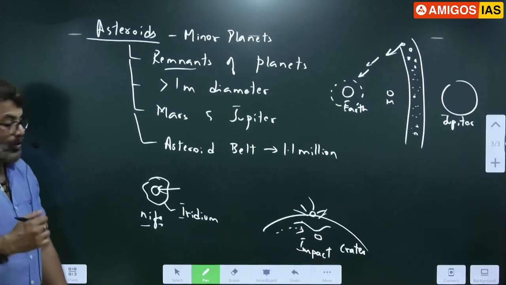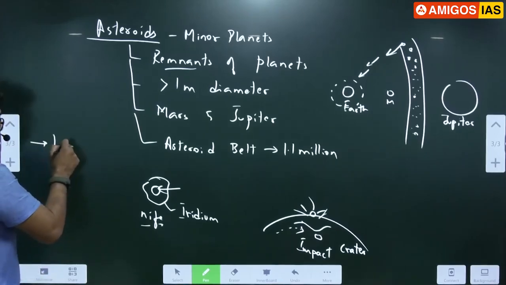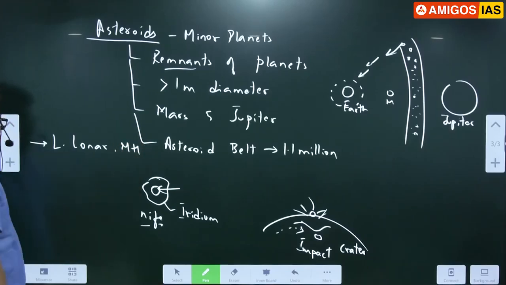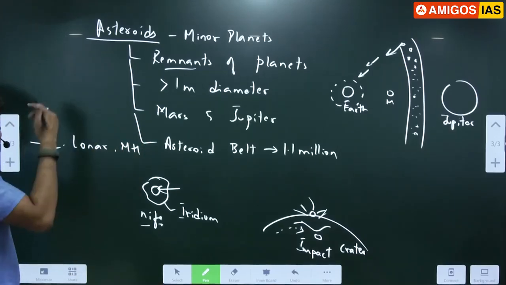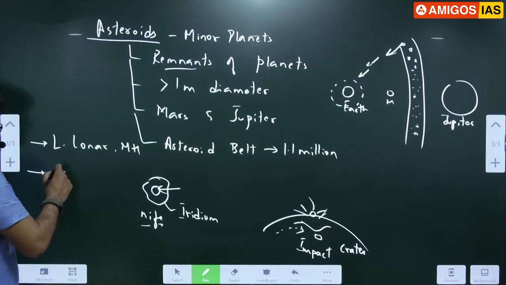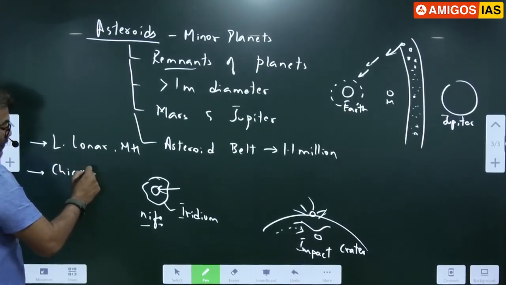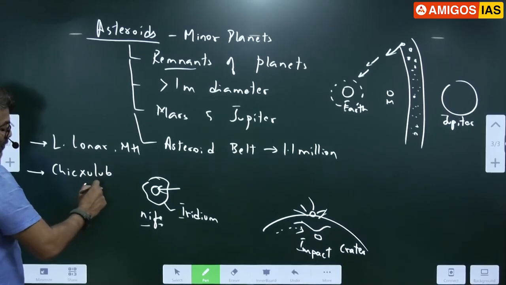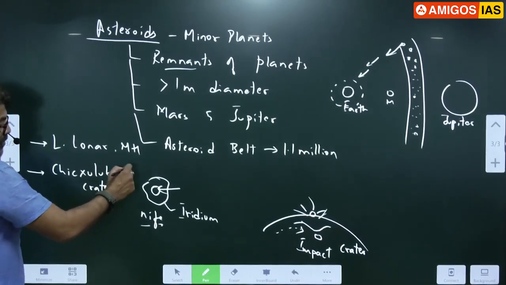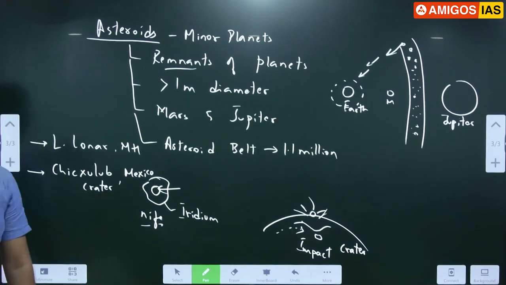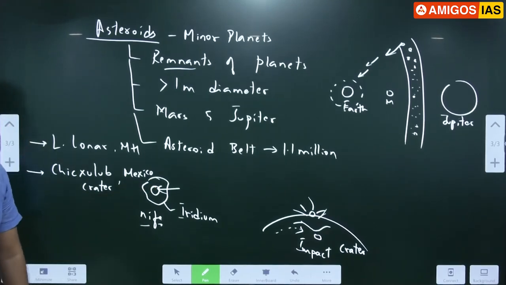Asteroid impact. I'll show you a few places, like in India, Lake Lonar in Maharashtra. Like this we have so many other places, like Chicxulub crater in Mexico. All these places are where we can see asteroids colliding.